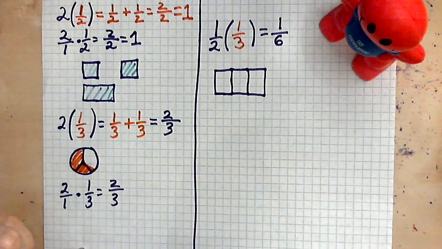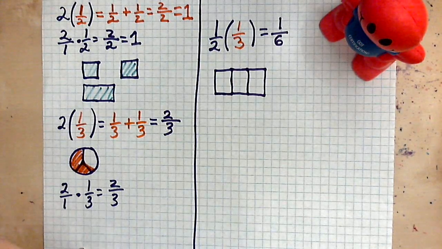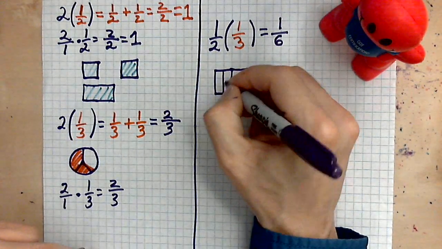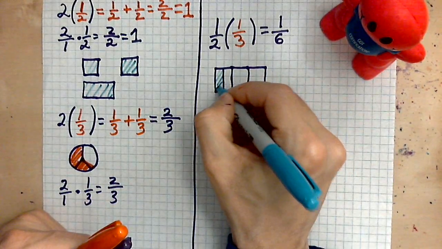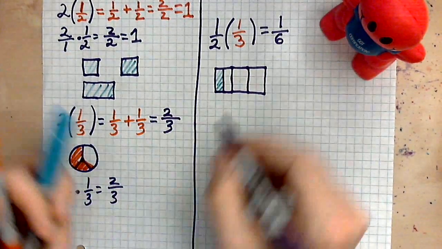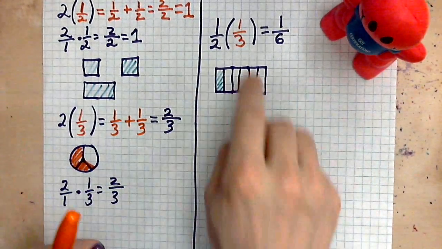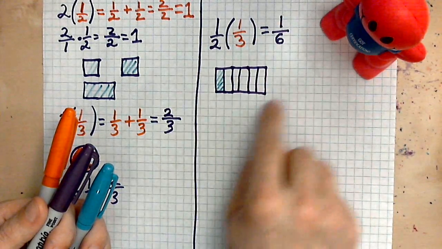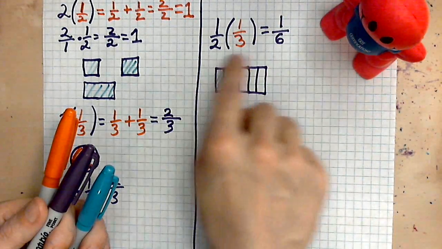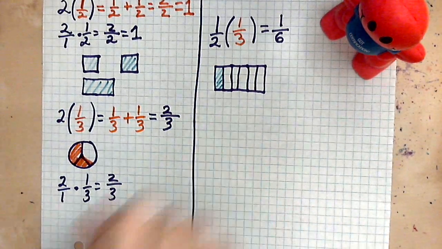Because you're multiplying by 1 over 2. There you go. There's your 1/6. So a half of 1 over 3 is the same as 1 out of 6, as if you divided the whole thing into 6 equal pieces.